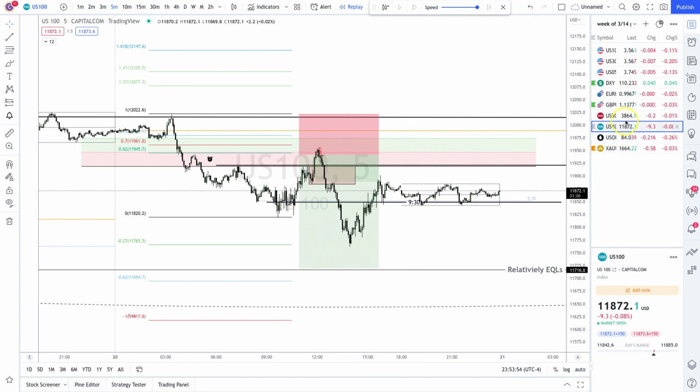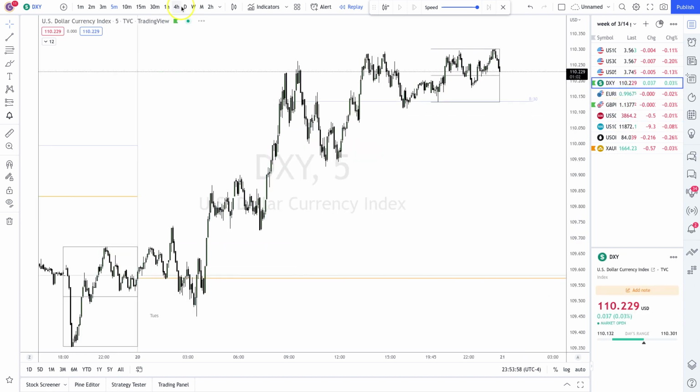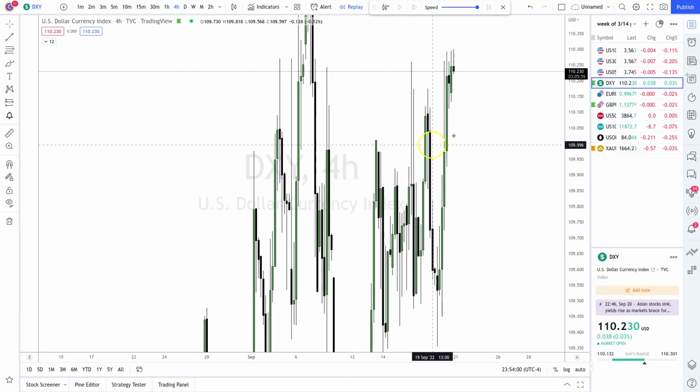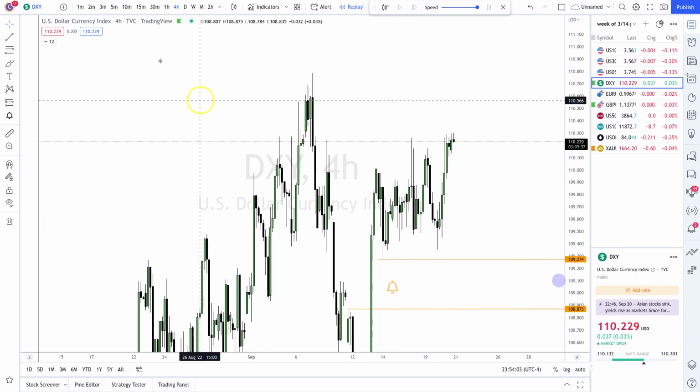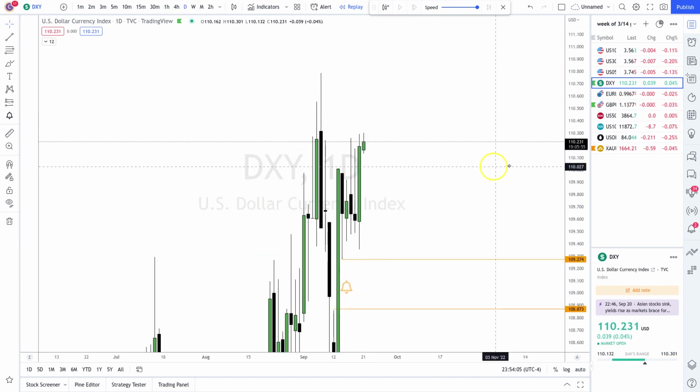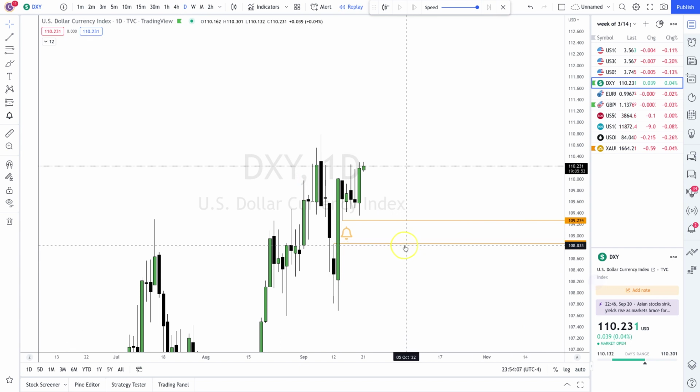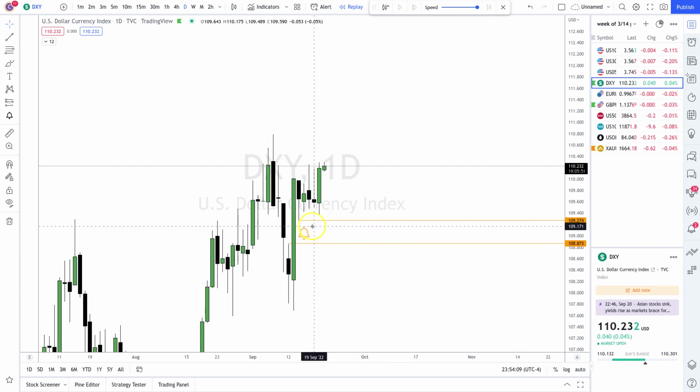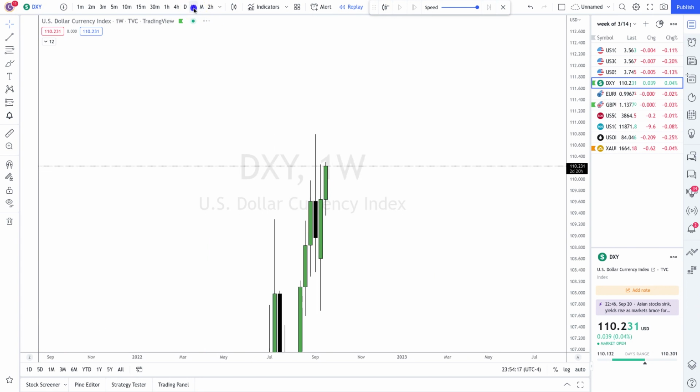Oil, gold. I believe that's everything. One thing to point out on DXY, I would love to see DXY tap into this area and then go higher. But I thought we'd get that today.